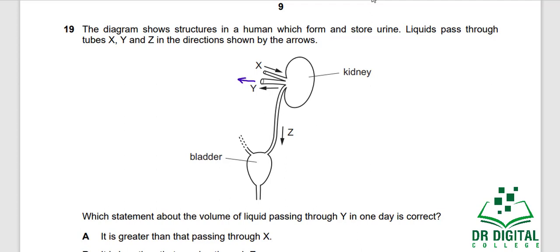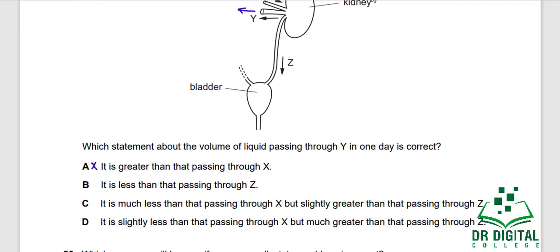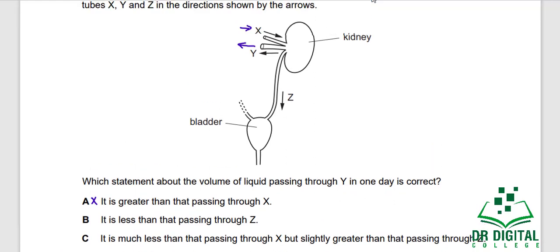Yes, because when it is greater than that passing through X, no, more blood will come in, less blood will go out. Okay, because some blood is filtered out in the form of urine. So A is the wrong answer. In B, it is less than that passing through Z. No, urine is always less than the total amount of blood entering or leaving the kidney.